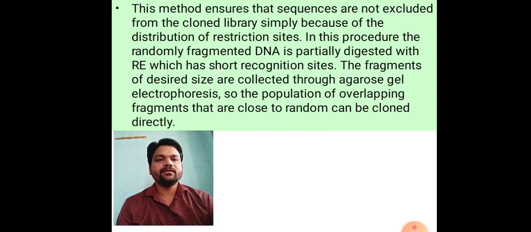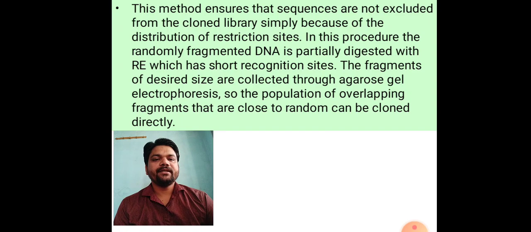In this procedure, the randomly fragmented DNA is partially digested with restriction enzymes, RE, which have short recognition sites. The fragments of desired size are collected through agarose gel electrophoresis. So, the population of overlapping fragments that are close to random can be cloned directly.